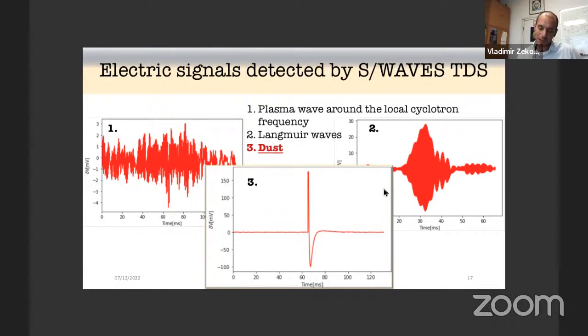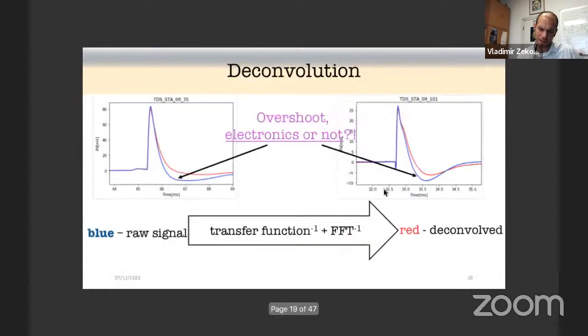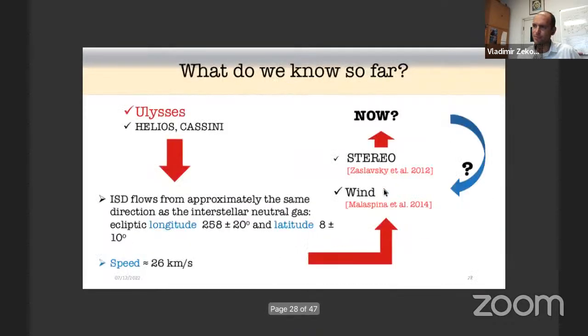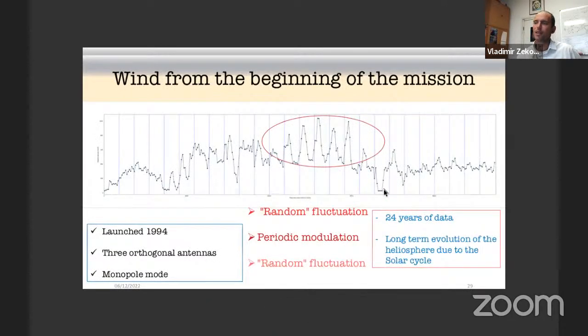So the other question, question number 2, is about that oscillation, the correlation with the solar activity. It's slide number, let's say, 29. Okay.